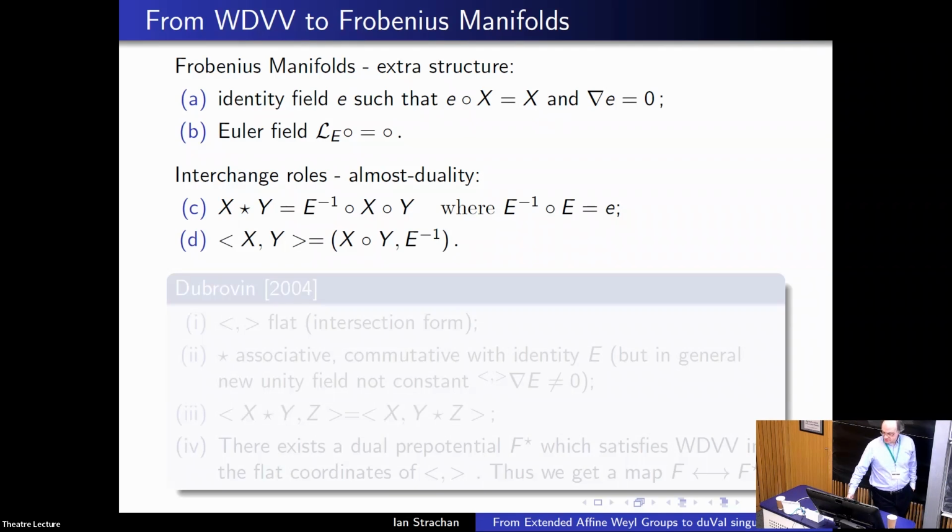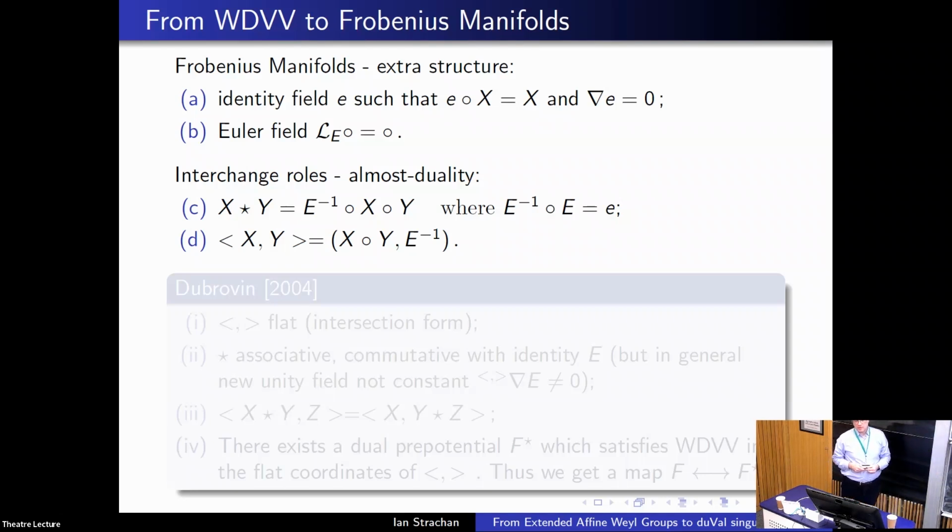It's very easy to see that this new multiplication is commutative and associative. That follows completely trivially from the commutativity and associativity of the original multiplication circ. But this new multiplication has an identity field as well, which is capital E, the Euler vector field of the original manifold. So it's swapping some of the roles around.